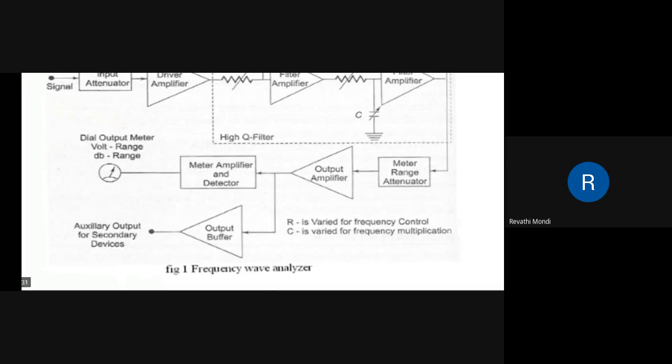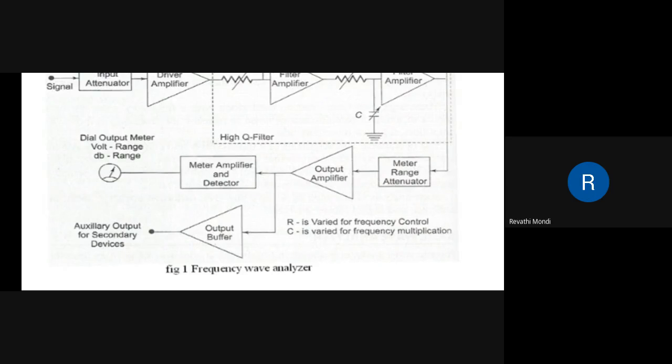After that, we give the meter range attenuator, which sets the fixed range of frequency of the particular signal. After that, it is given to the output amplifier. Finally, the output amplifier amplifies the filtered fixed frequency signal.